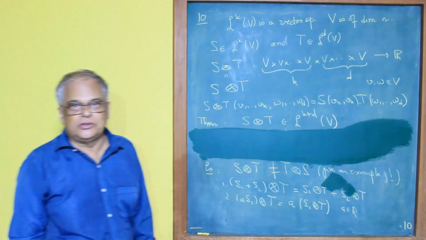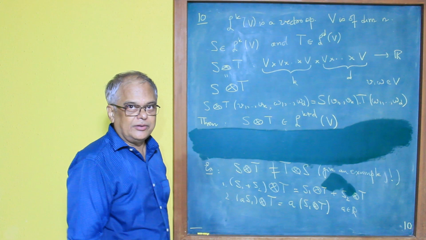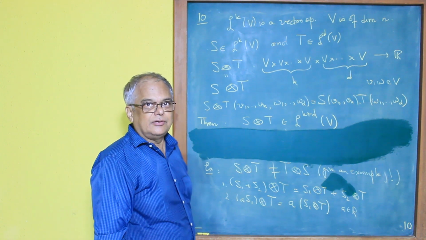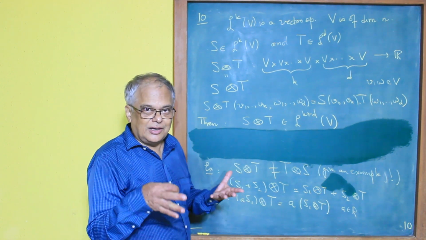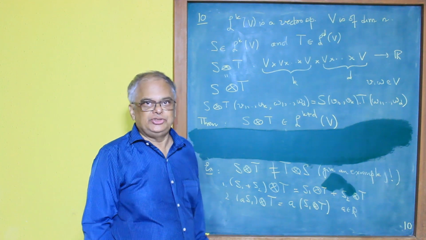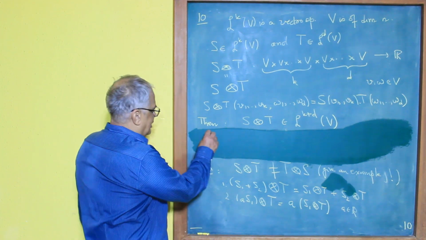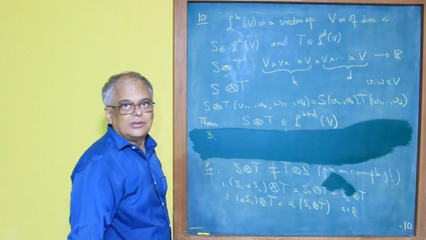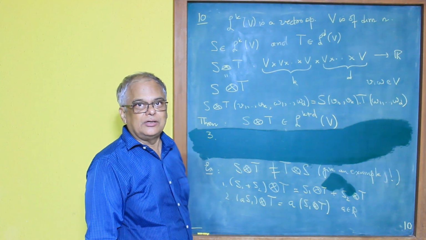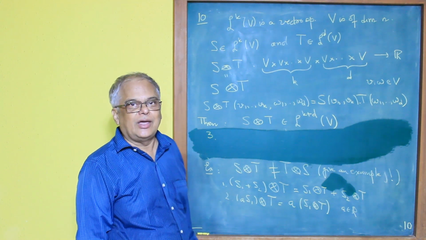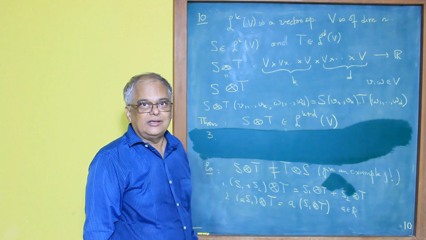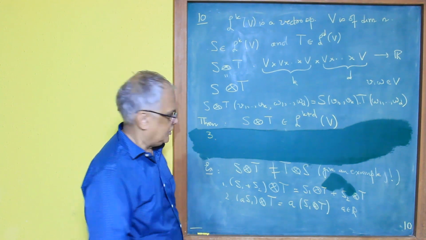Whenever you're talking about a product, you have to be worried about the fact that a product must be associative. So the exercise, which is the reason why you can call it a product, is that tensor product is associative.